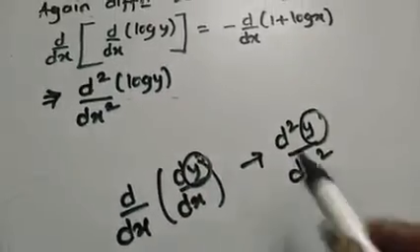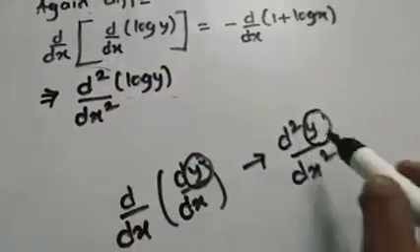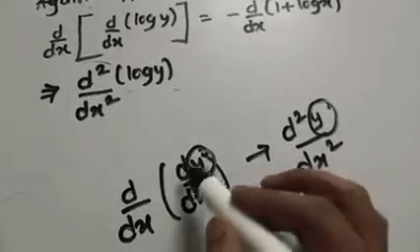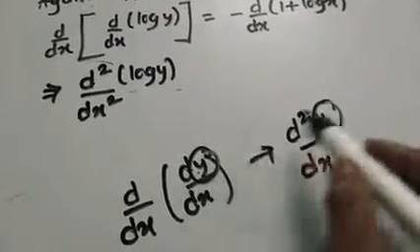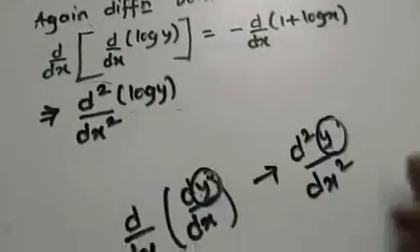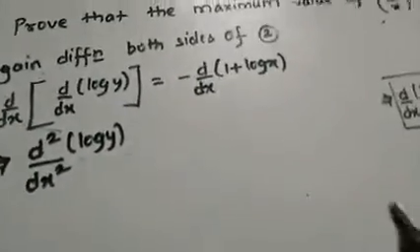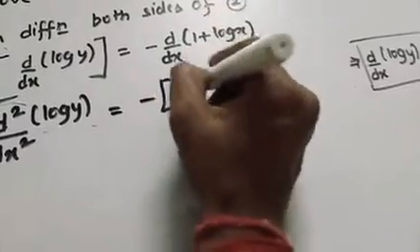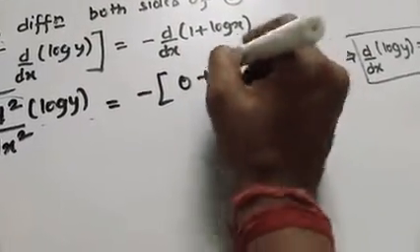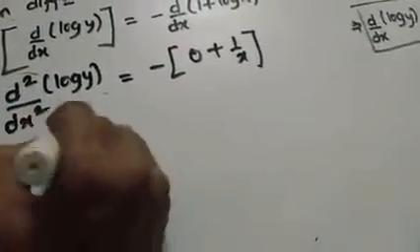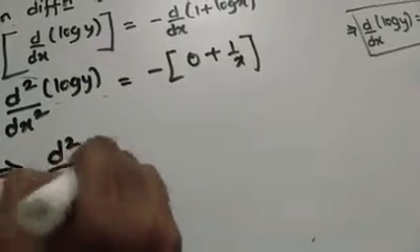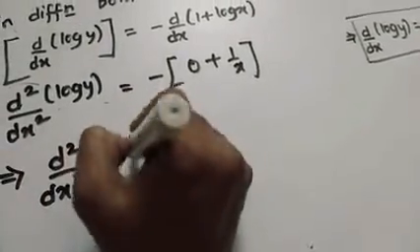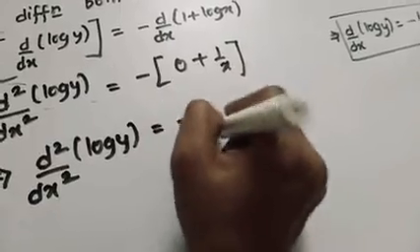Now differentiating this side, d/dx of 1 is 0, d/dx of log x is 1 by x. So finally we get d2/dx2 of log y equals minus 1 by x.